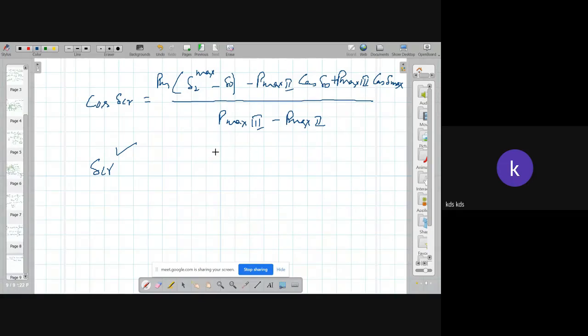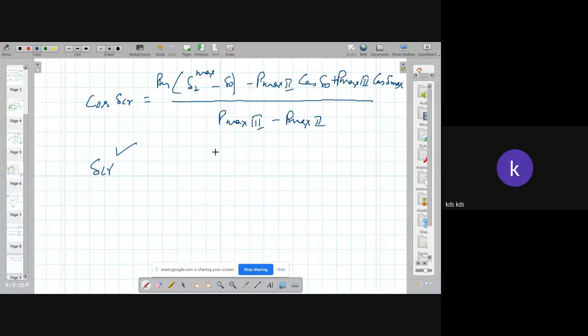Right, so this is about this class, and now we are left with some topics in stability. These topics are the numerical solution of the swing equation. Up to now we have discussed that instead of solving the swing equation, we can find out the stability of the power system by applying the graphical method, equal area criteria. But this has a limitation.